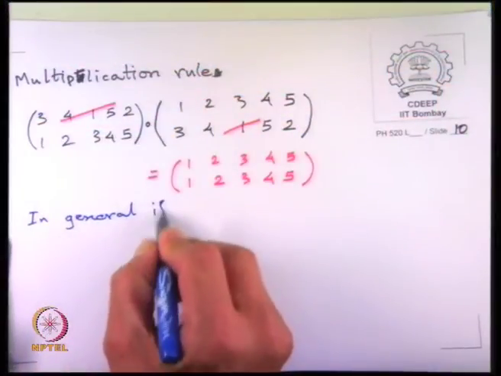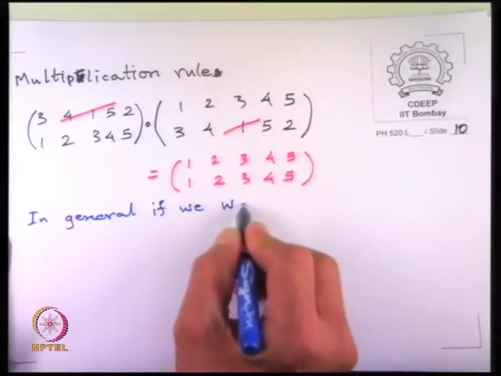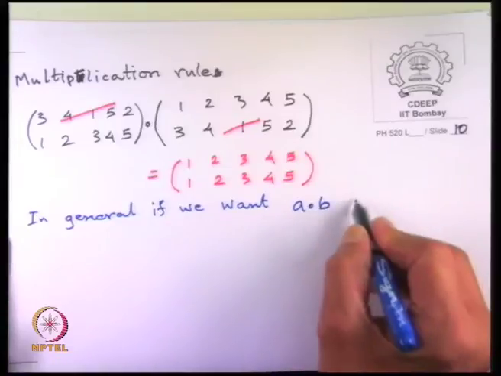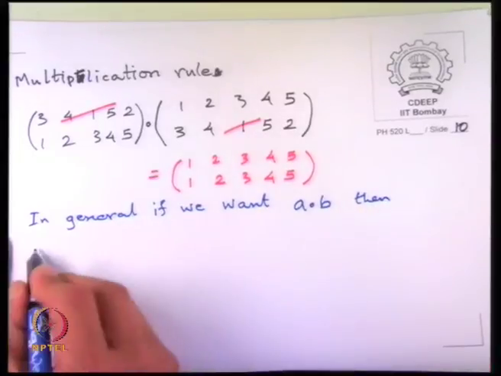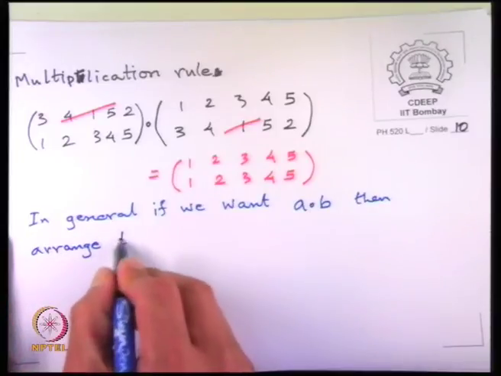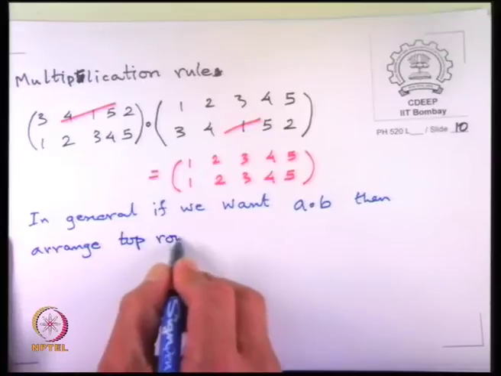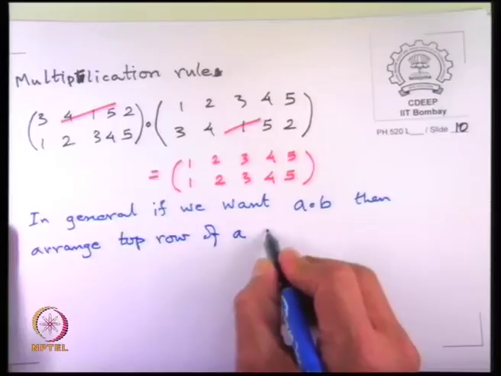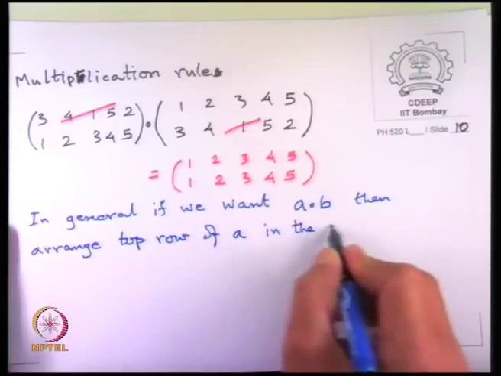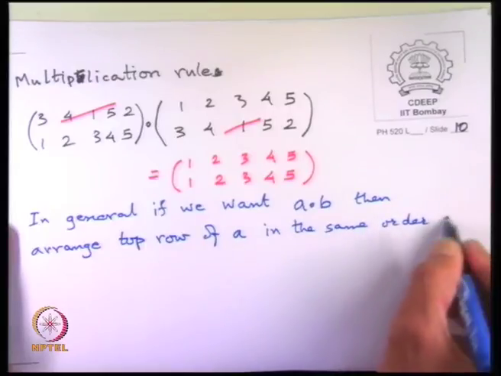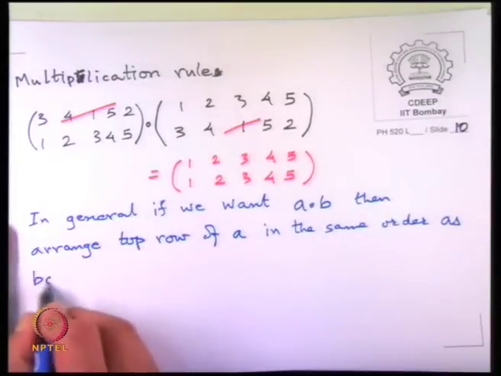In general, if we want A times B, then arrange the top row of A in the same order as the bottom row of B.